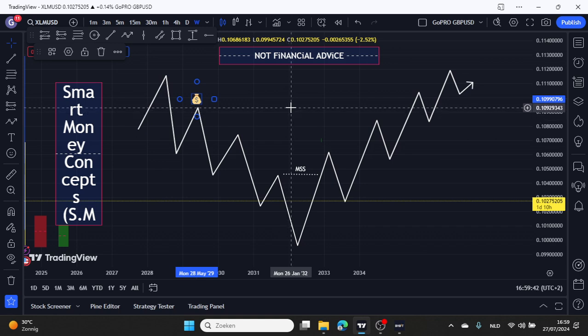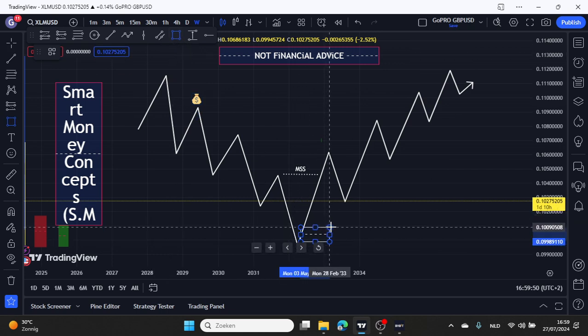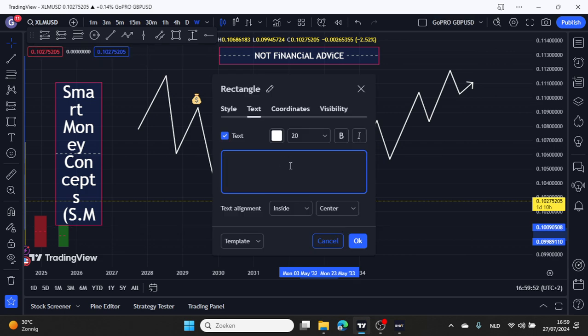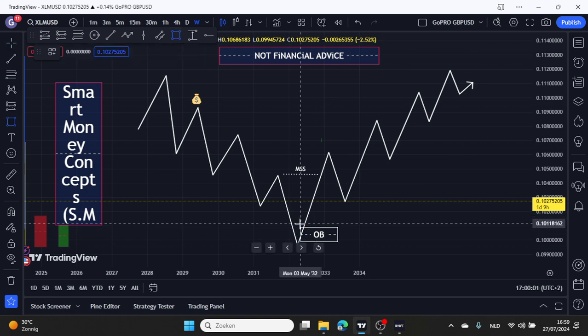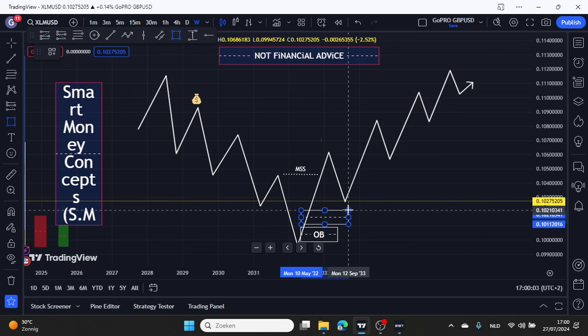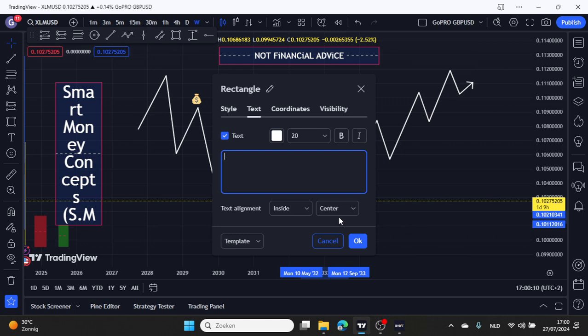So first of all, we gotta identify the order block. We could see the order block here at the low. Let's call it OB, just to keep it simple, an order block. And as always, we can see that 9 out of 10 on a time frame, we will form a displacement or a fair value gap, FVG.